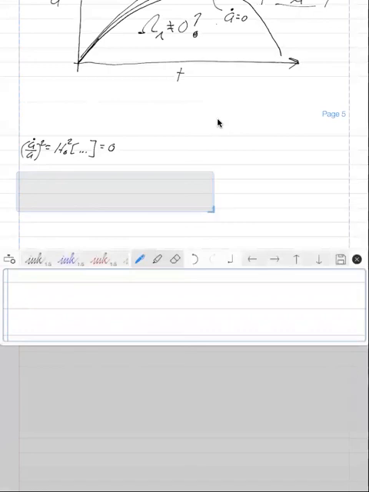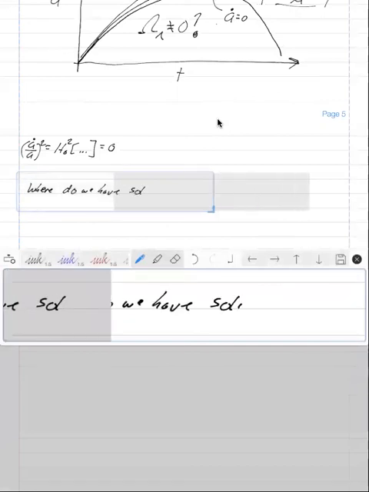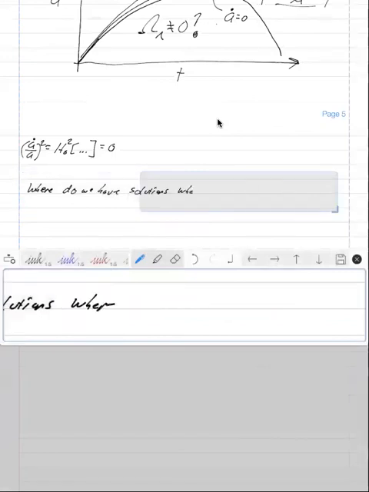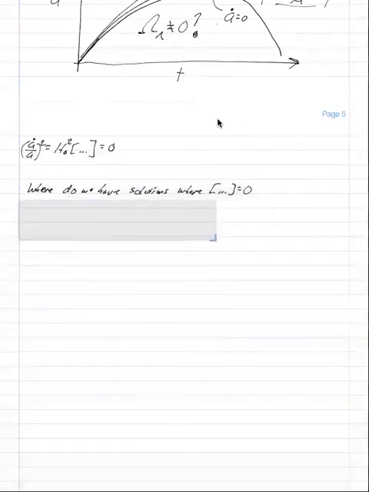If H0 is some non-zero value today, then this is equivalent to asking where we have solutions where the stuff in brackets equals 0.